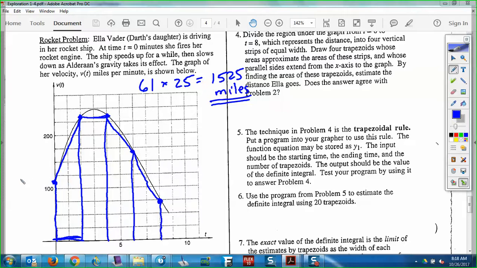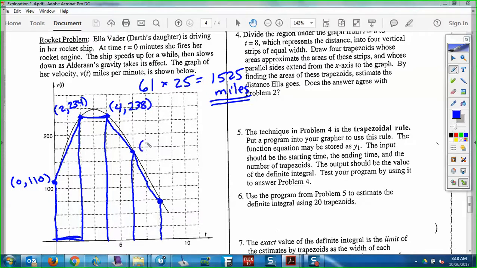So what is this point right here at 0? 110, okay? And then what's this point up here? This would be 2 and 234, and this one would be 4 and 238.